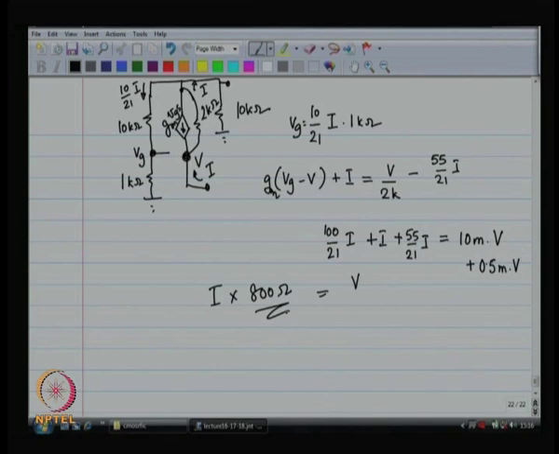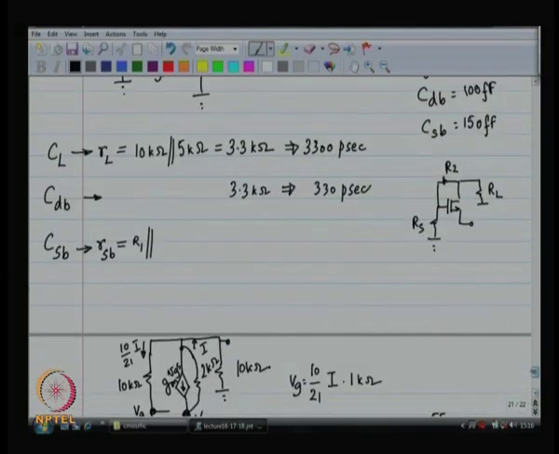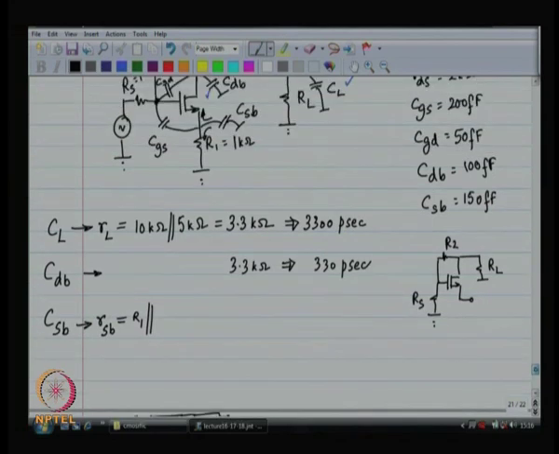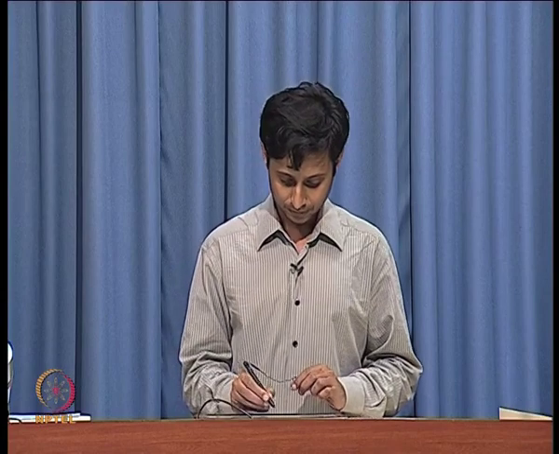Okay. So we said that we'll see a low impedance. We have got a low impedance. So we are going to stop over here. Oh, R1 we have to put in parallel. So 1K in shunt with 800 ohms, whatever that is, that's going to be about 600 ohms or so.